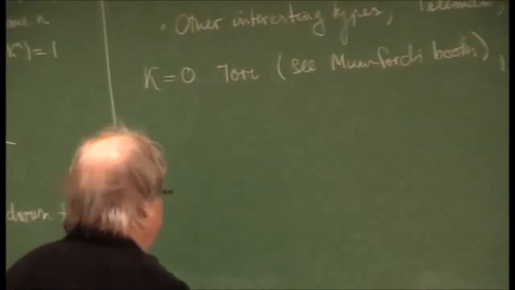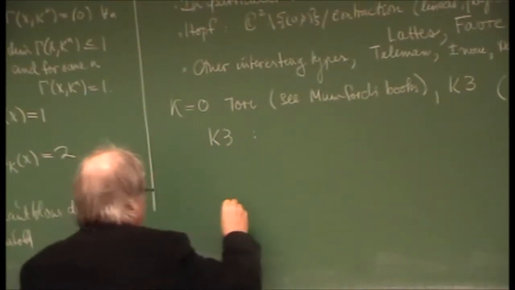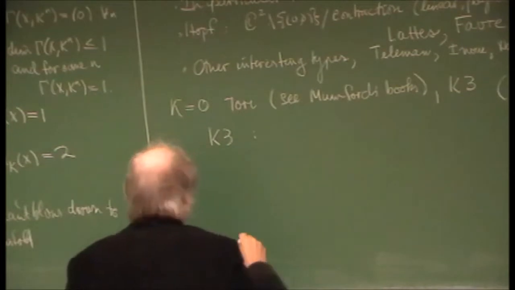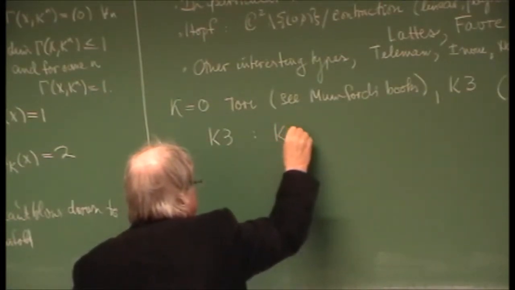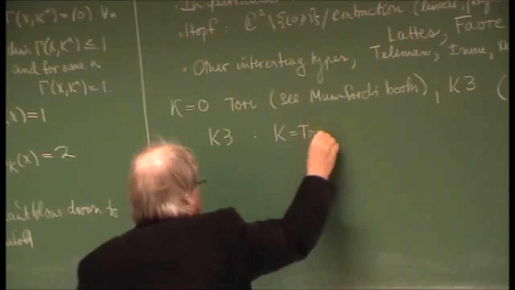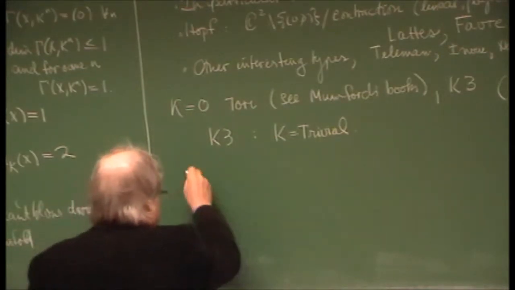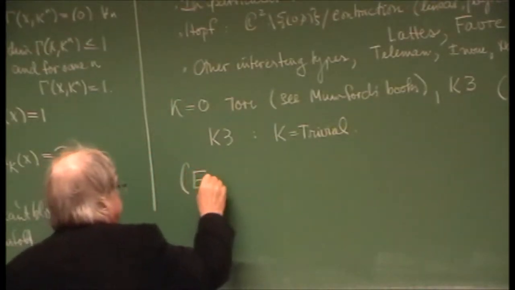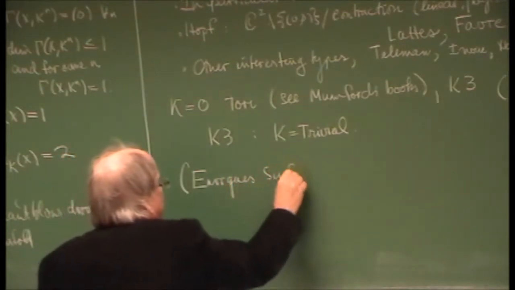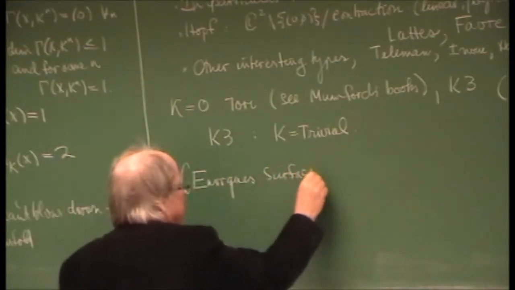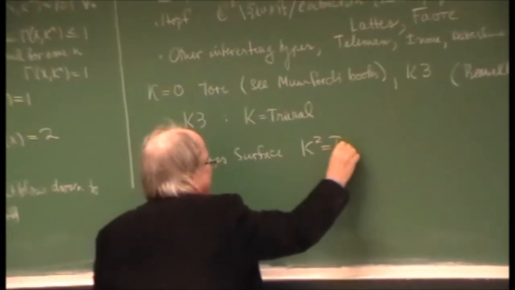So what are K3 surfaces? Well, K3 surfaces, we assume that the canonical bundle is trivial. I should mention in brackets here, there are surfaces called Enriques surfaces, which are closely related by a 2-to-1 covering, where the second power of the canonical bundle is trivial.